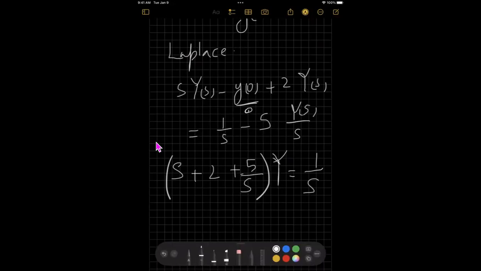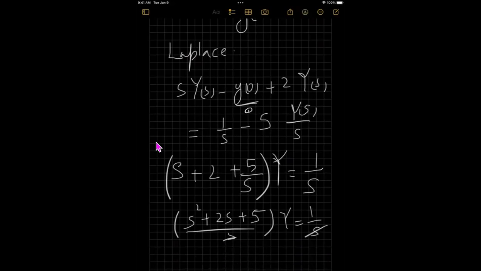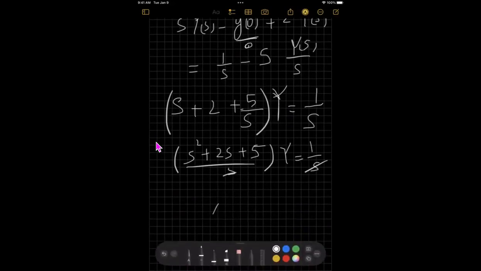Any question till here? This was the easy part. So we have s squared plus 2s plus 5 divided by s multiplied by Y equals 1 over s. The s will be cancelled, so we have Y equals 1 over s squared plus 2s plus 5.